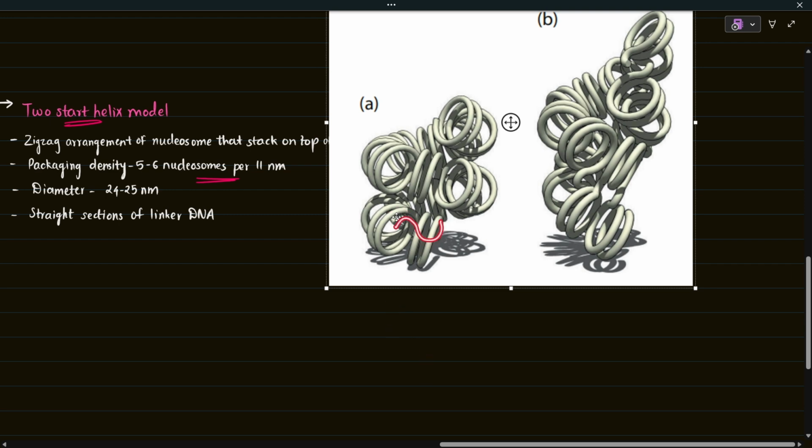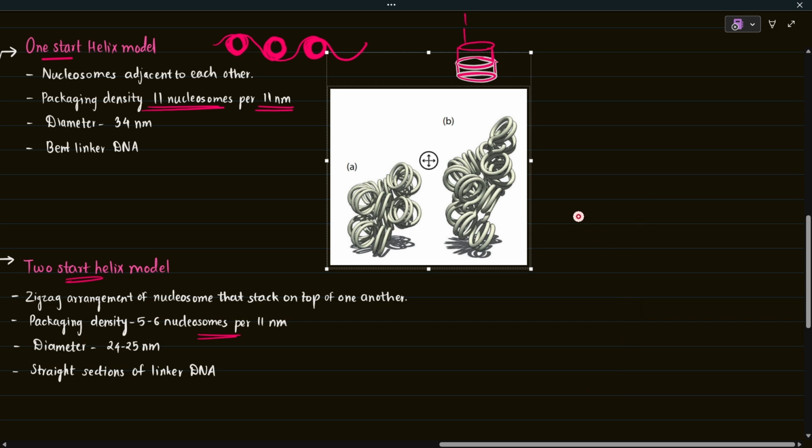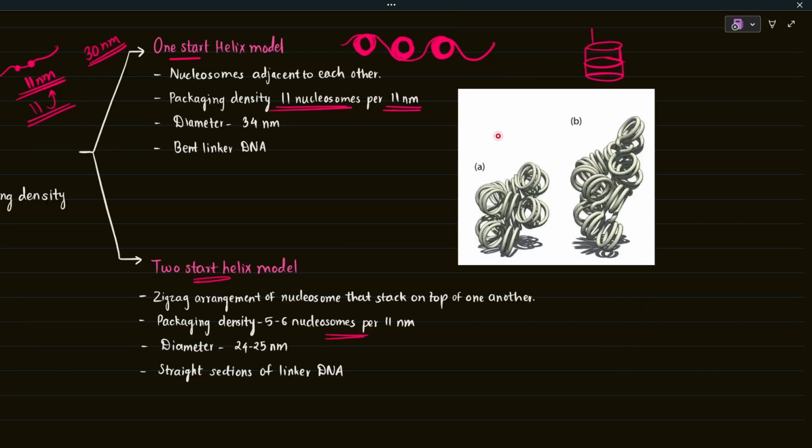That's why the linker DNA gets bent in the one start helix model. While in the two start helix model, this was the linker DNA. It comes out of the octamer and goes straight to the next nucleosome. So the linker DNA is straight in the two start helix model.